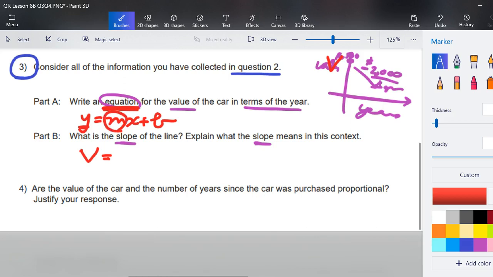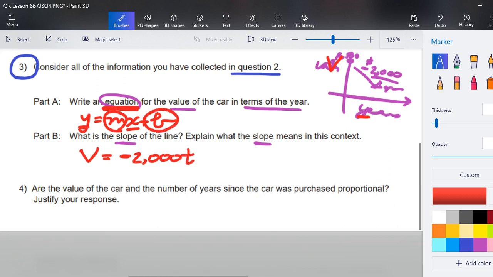The slope, that's us going down $2,000 every year. So x, that is our years. Boy, that's a little confusing, because if we put y, we're going to think it's the y-axis. Why don't we do something like t for time?